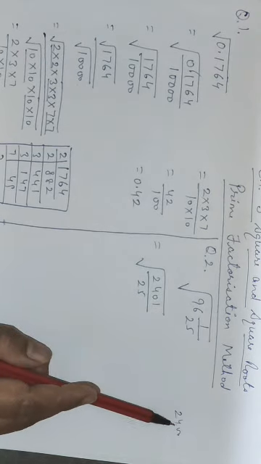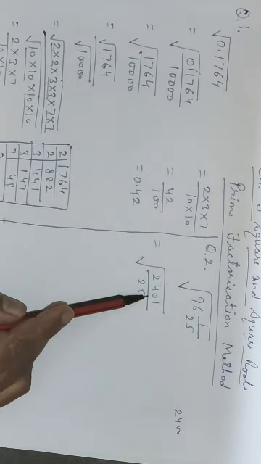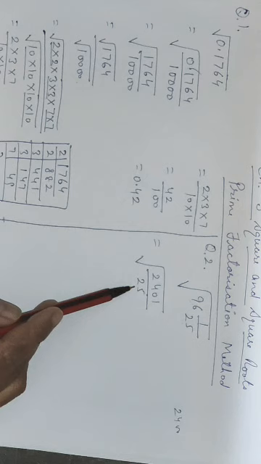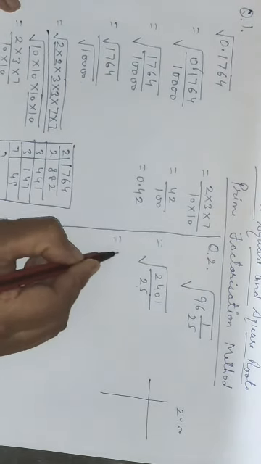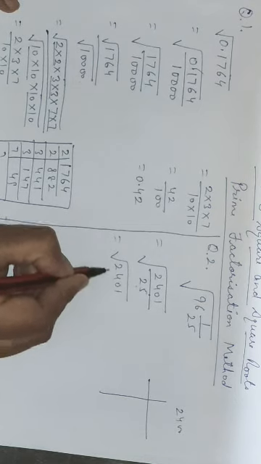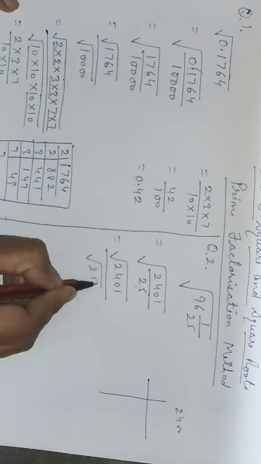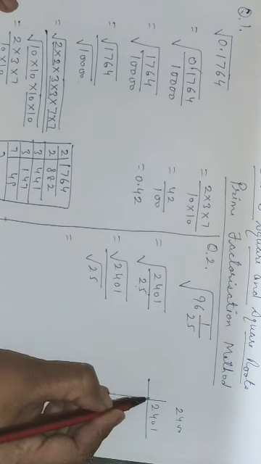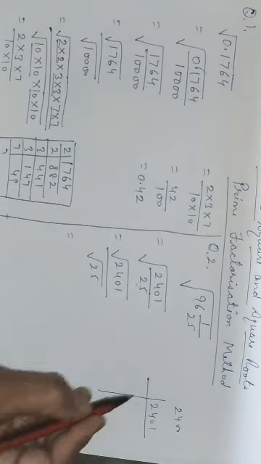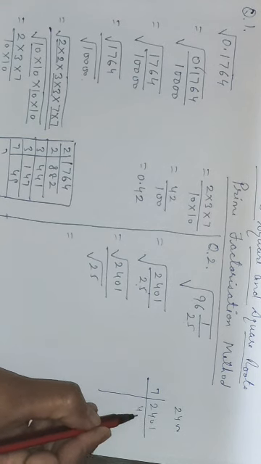So the number becomes 2401 by 25. Now the next step is to find the factors of the numerator and denominator separately. Factors of 2401. So here we will divide by 7.